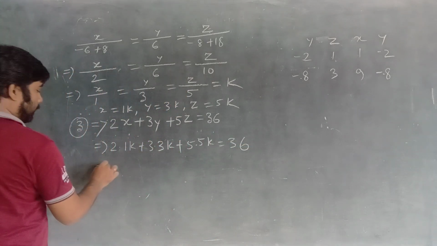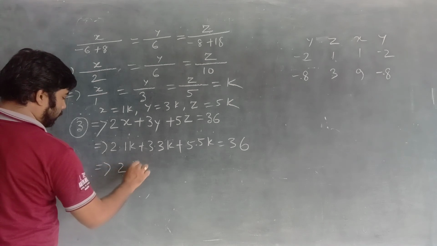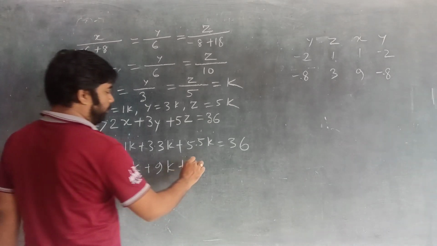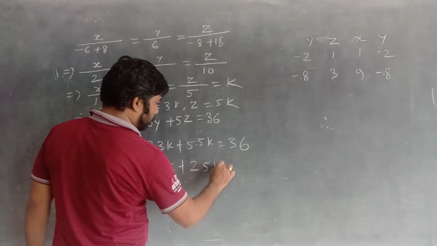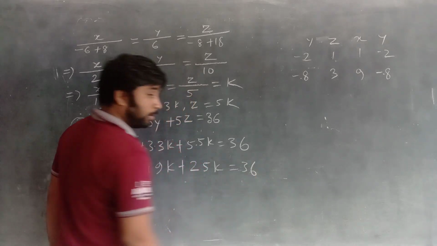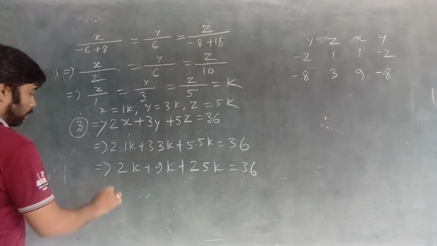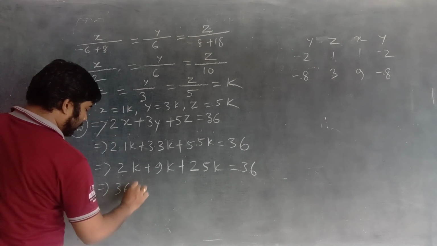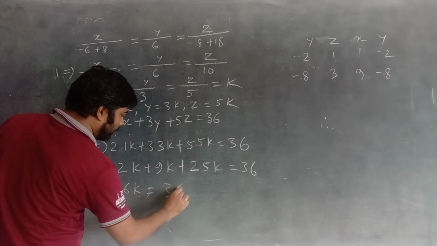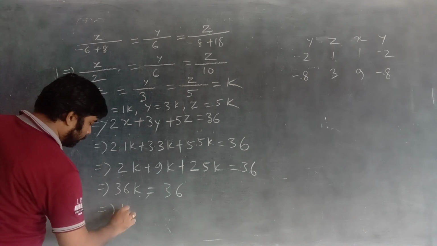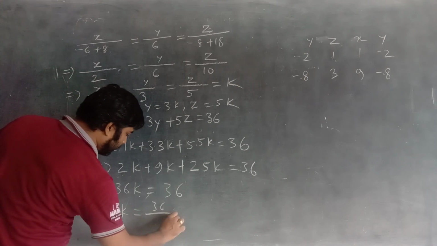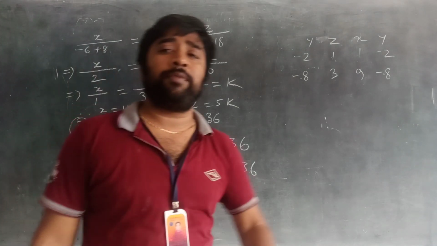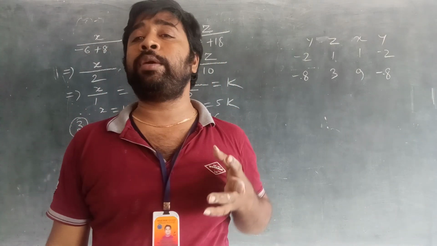So this is 2k, 9k, 25k, equal to 36. So 2 plus 9 is 11, 11 plus 25 is 36, so 36k equals 36. So what is the value of k? 36 by 36, equal to 1. So when we find the value of k, the sum is immediately completed.